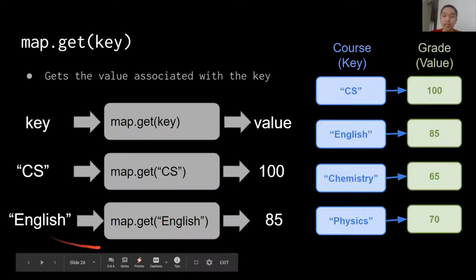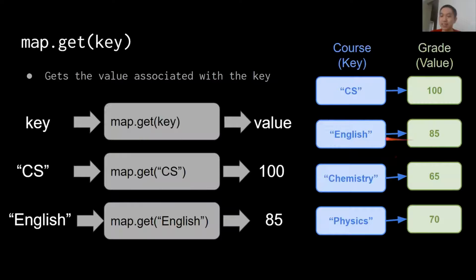And if I pass in English, map.get English, it's going to give me 85. So I'm using this relationship to access the value from the key. So .put creates this relationship, and .get lets me access each key's associated value.